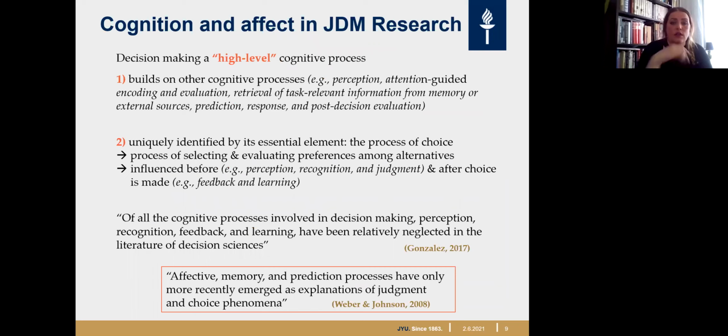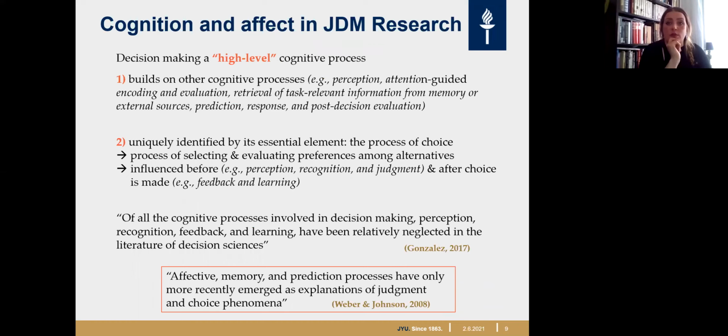Then how cognition and affect are seen in judgment and decision-making research. This JDM is the abbreviation that is often utilized to combine different studies where judgment and decision-making is involved, because it's a quite vast field or fields from psychology, behavioral studies, economics, reasoning research.